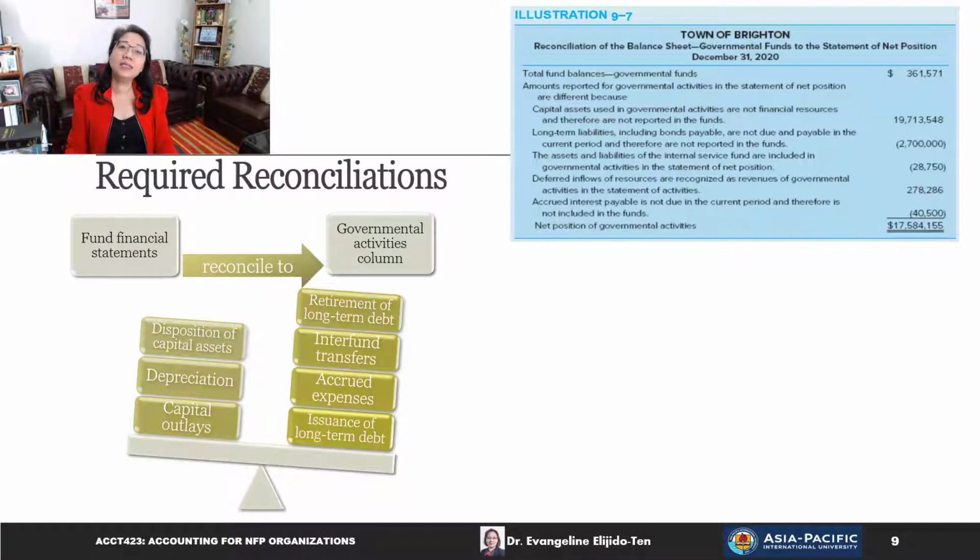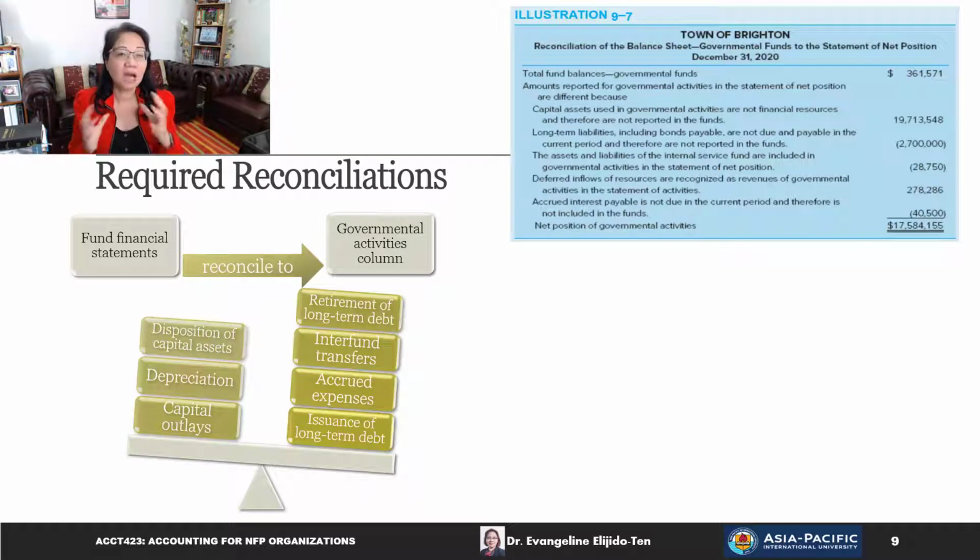All right, let's now go to the reconciliation. Why is there a need to reconcile the amount as shown in the fund financial statements and the governmental activities column? Well, it's mainly because the 2 financial statements, as you know, use different bases of accounting.